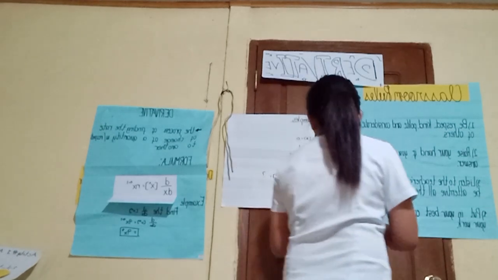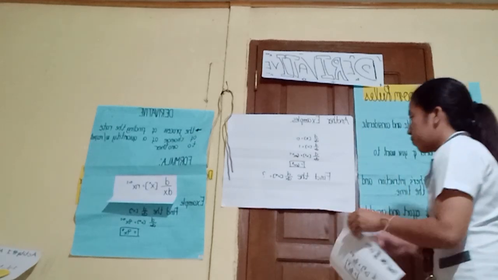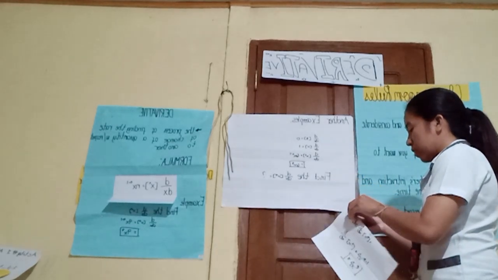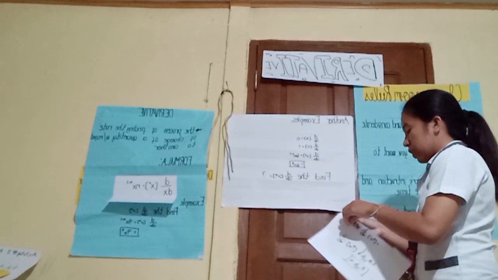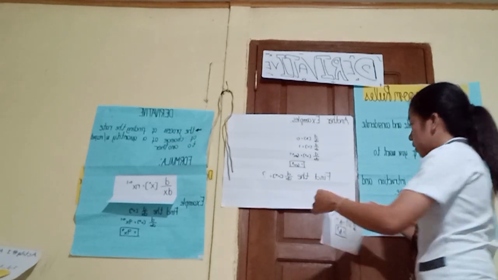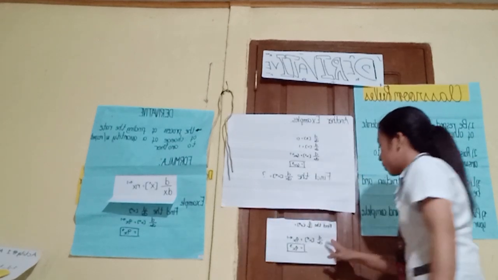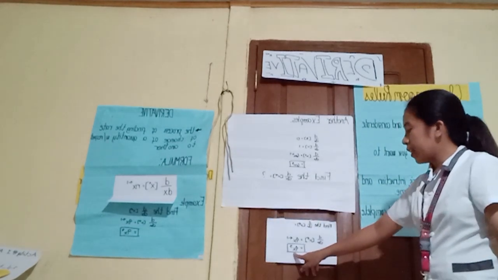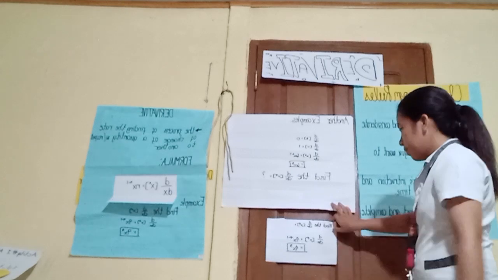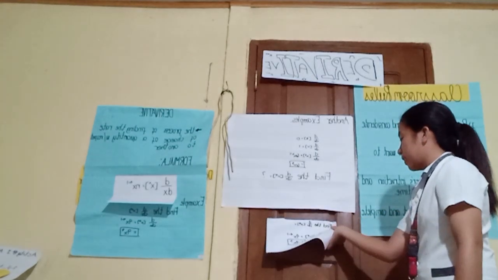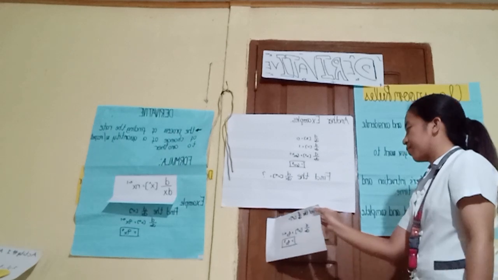The answer of d over dx of x to the 4 equals 4x cubed. Correct. Very good.